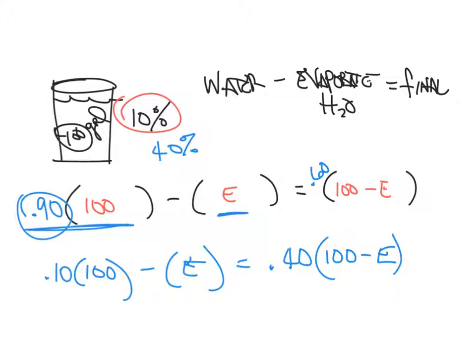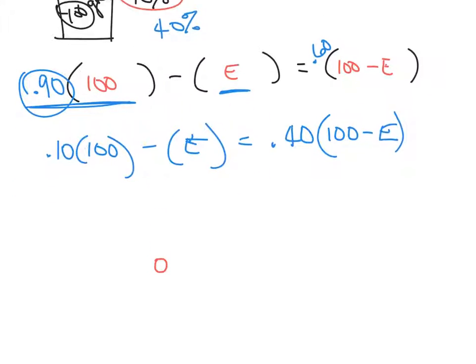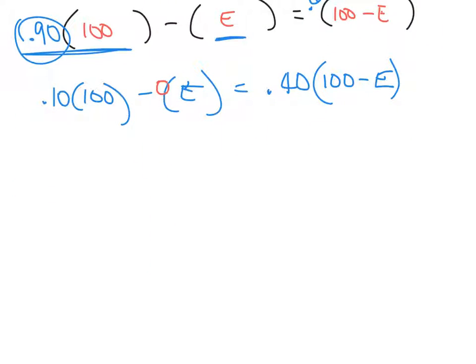But because we are sticking with salt, we have to look at how much salt was evaporated. No salt was evaporated, so the number that goes here on the amount of salt evaporated would be 0. Alright, so that takes me to 0.1 times 100 minus 0e would be 0, because we had 0 amount of salt evaporate.